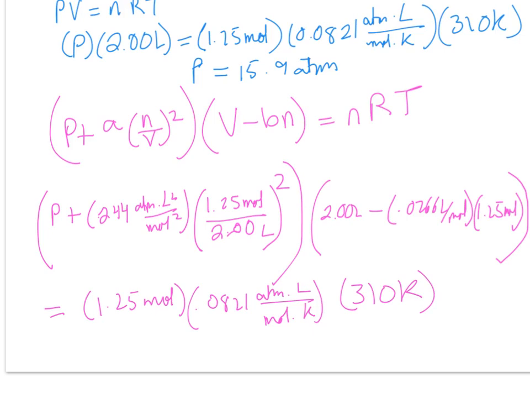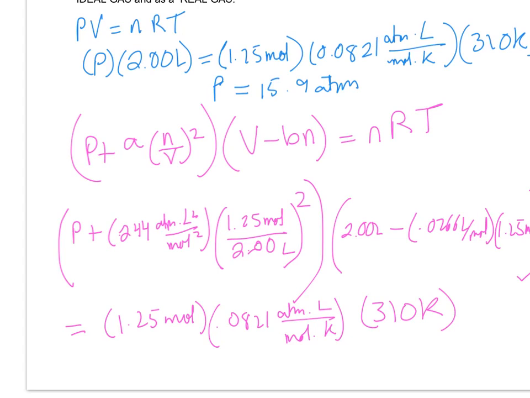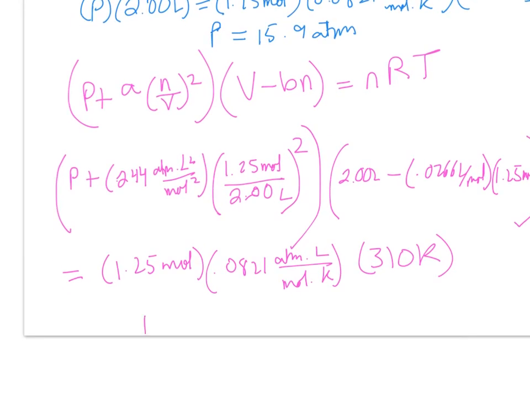By the way, we have to use the R for atm, because this value right here is in atm liters squared per mole squared. If they give it to you in something else, then you'd have to use a different R accordingly. So if you solve this whole big equation for P here, you would end up with the pressure equaling 16.1 atm.